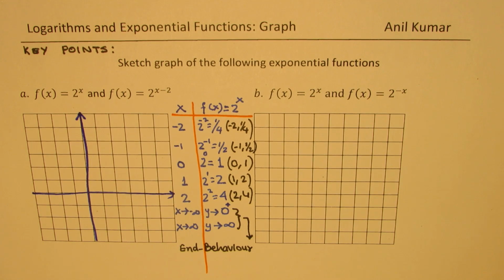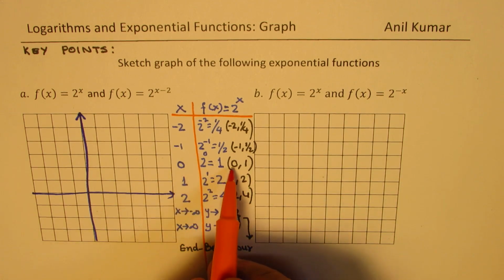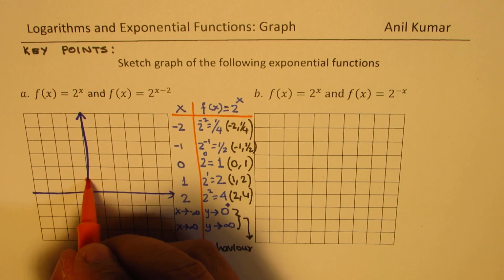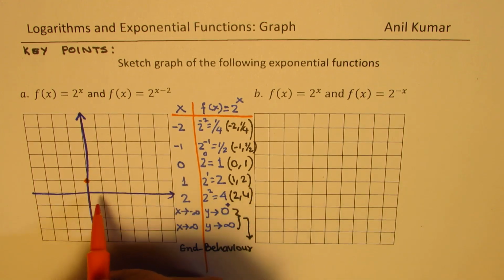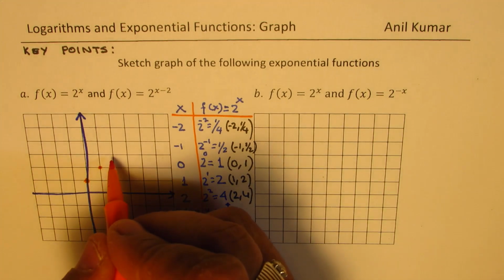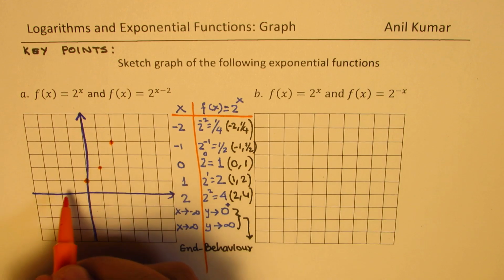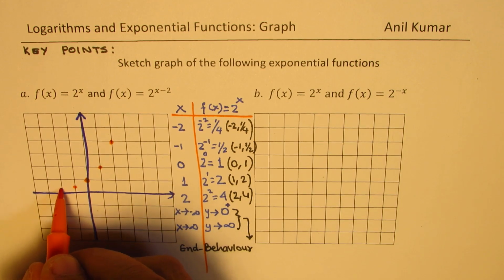Now, the points given to us are, let's begin with this at 0. The y-intercept here is right there, correct? And then at 1, we have the point 2. At 2, we have the point 4, right? When it is minus 1, we have 1/2. At minus 2, 1/4.